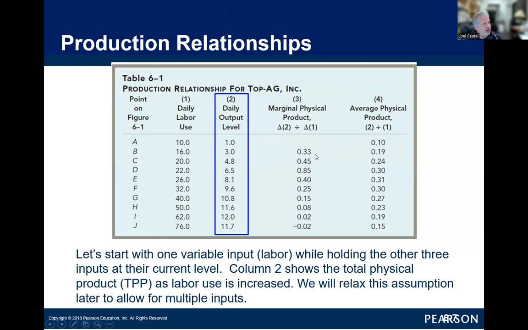And you can do this for every line going down. And due to the way this is typed and the way the textbook manufacturer put it together, technically, you can shift this up by half of a level, because 0.33 is really the change from A to B. 0.45 is the change from B to C, right? And so really we would want to shift this up by half a line.